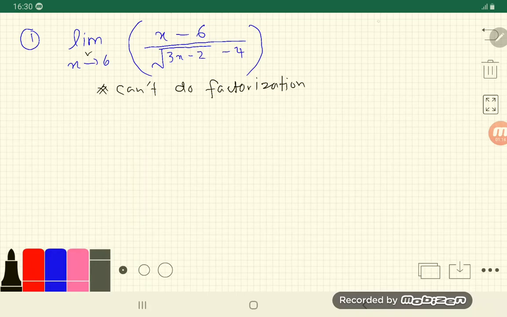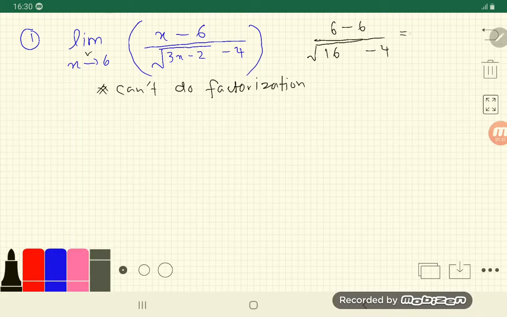If you put the value of 6 into x, you are going to get 6 minus 6 over the square root of 3 times 6, which is 18, minus 2, so it will be 16, minus 4.